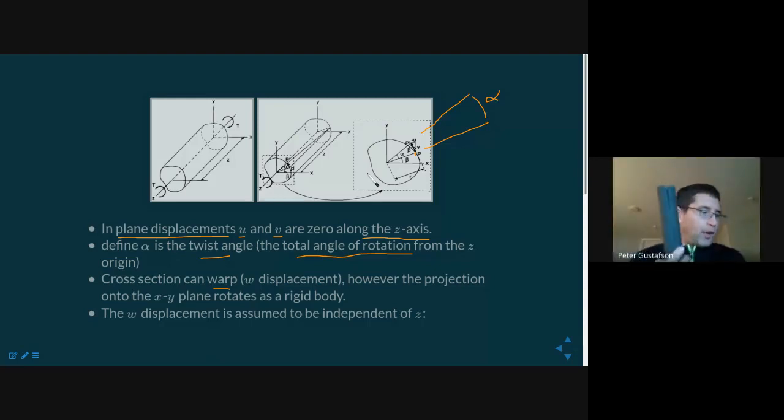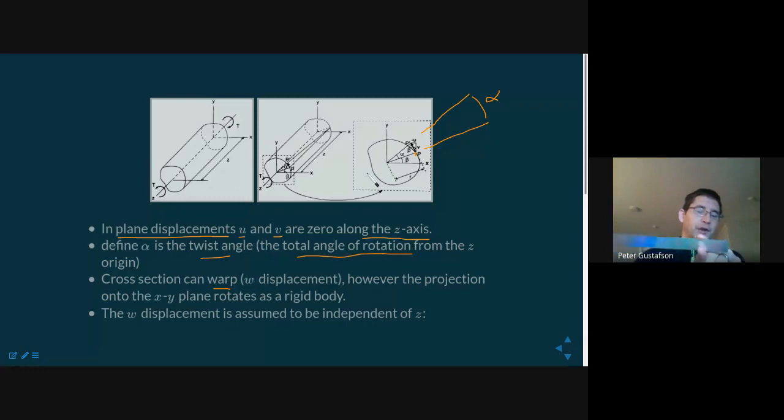When you have cross sections like this one that have some sort of asymmetry, it tends to be much more visible. Okay, and we'll get into the mathematics of that in just a few minutes. In this cross section, you would actually see a little bit of that warping if you looked at it close enough.